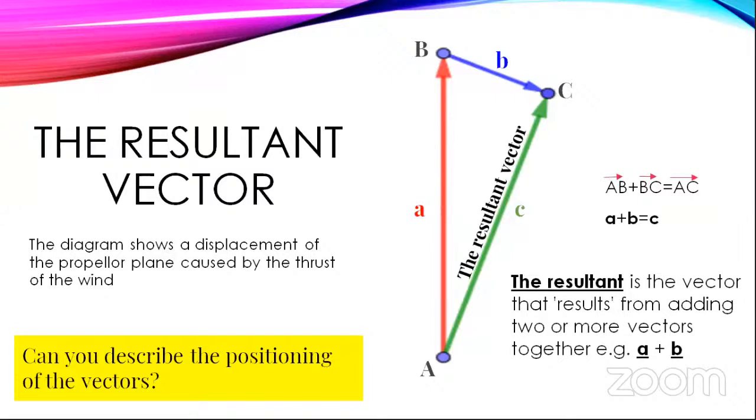Sometimes you don't see it, but sometimes it's there. So basically, the resultant is from adding two or more vectors together. We're going to be taking you now through a few vectors that we're going to add. We're going to see the resultant, and we're going into some fun stuff now.